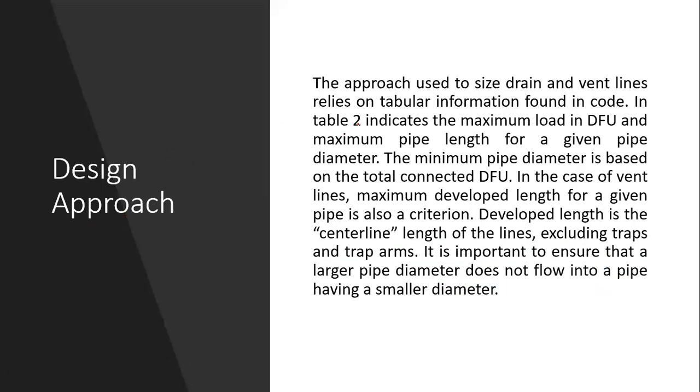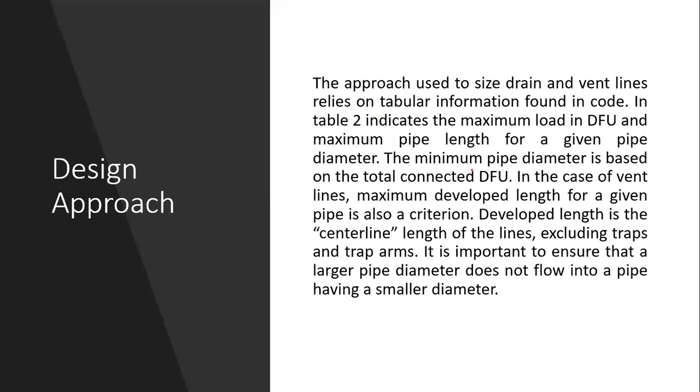Design approach. The approach used to size drain and vent lines relies on tabular information found in code. In table 2, makita na to dito, indicates the maximum load in DFU and maximum pipe length for a given pipe diameter.